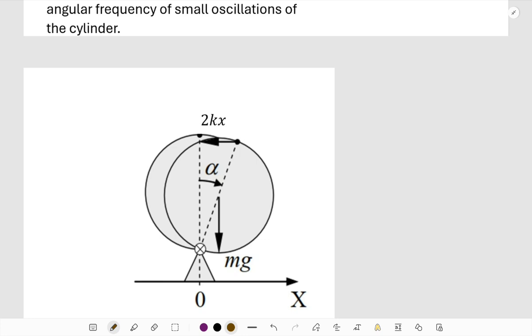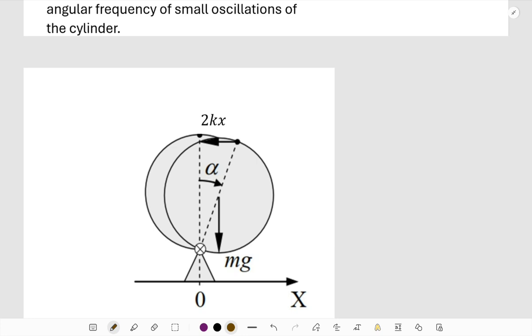And we are now going to consider the cylinder to be a rigid body, and you can see four forces act on it: the force of gravity mg, the elastic forces from the two springs, that is 2kx if it is displaced by a distance x towards right, and also the reaction force of the support that is not shown in the figure.